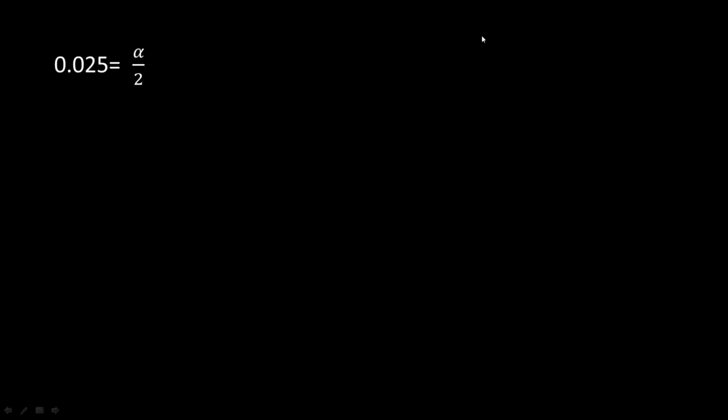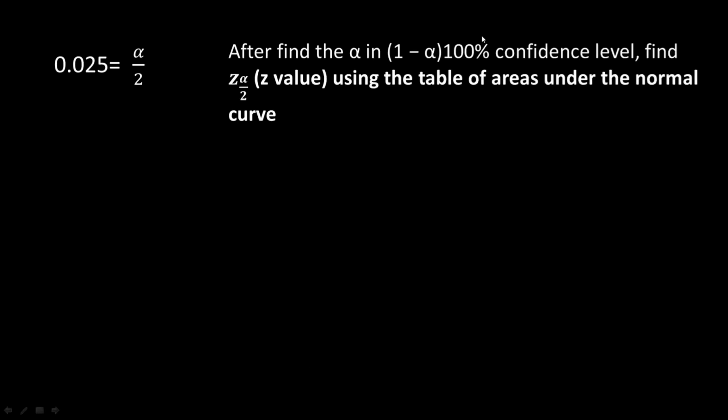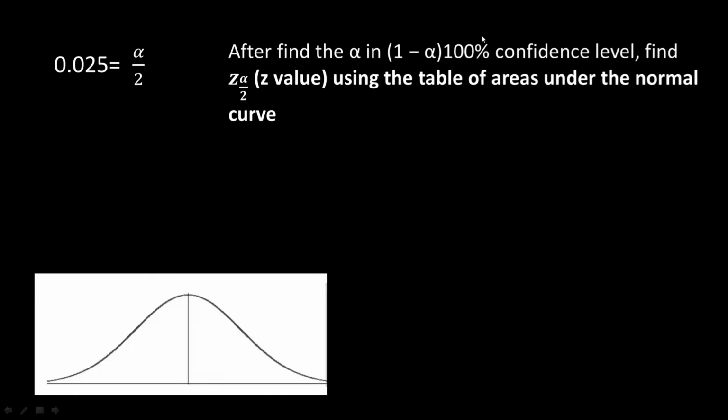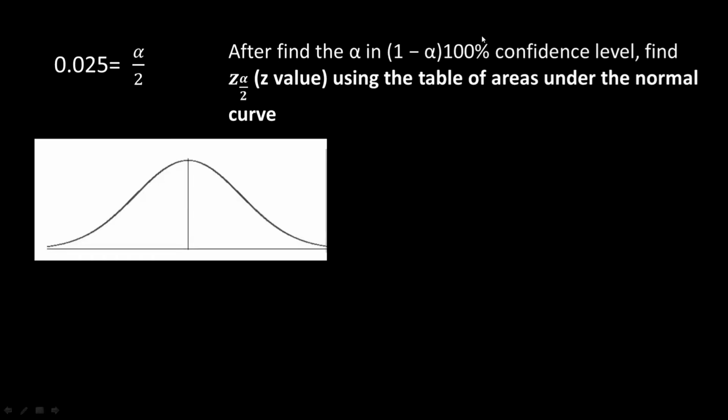So, after getting the alpha, find the z value using the table of areas under the normal curve. So, this is our normal curve. Kung makikita nyo, yung normal curve natin, ayan. So, this is, let's say, 0.025.